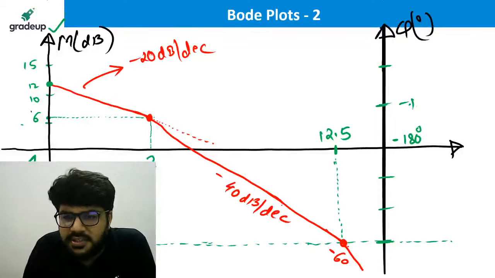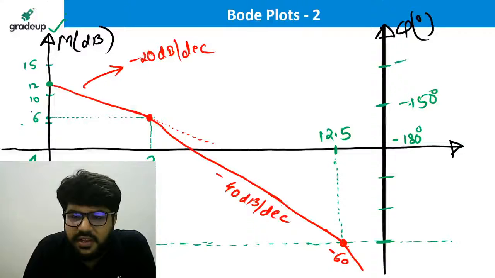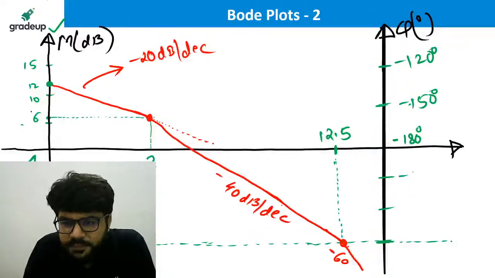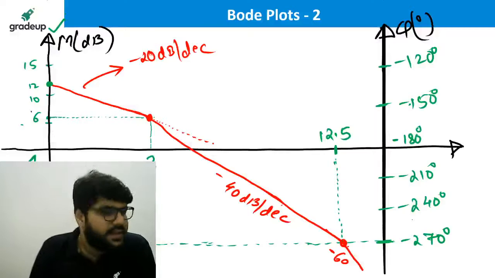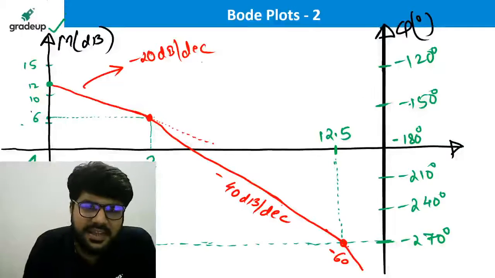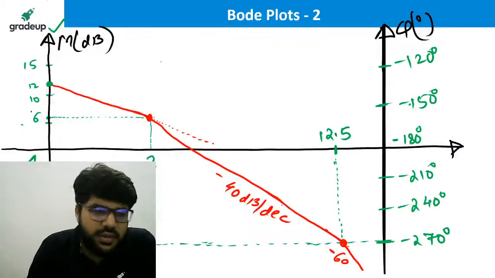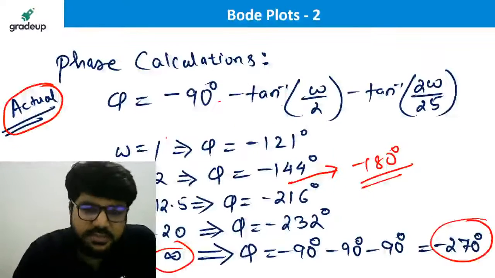So going up it is minus 150, this is minus 120, below minus 210, minus 240, and finally this will be minus 270 degrees. I am just randomly taking subdivisions of 30. Looking into the phase values, my first phase value is minus 121.